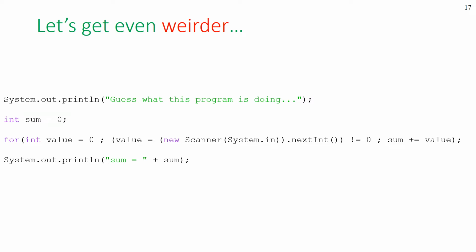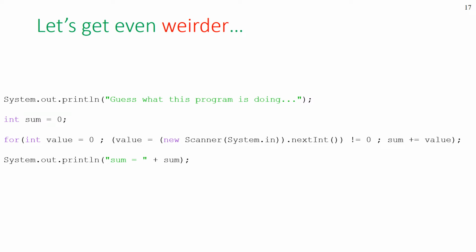This returns a value which is a reference to the scanner object, but I don't store it anywhere. I just use it and do a .nextInt. So I call nextInt on the scanner that was just created on the fly. nextInt causes me to read from the input buffer, looking for an int value. And then that expression, new Scanner(System.in).nextInt(), returns the value that the user typed.